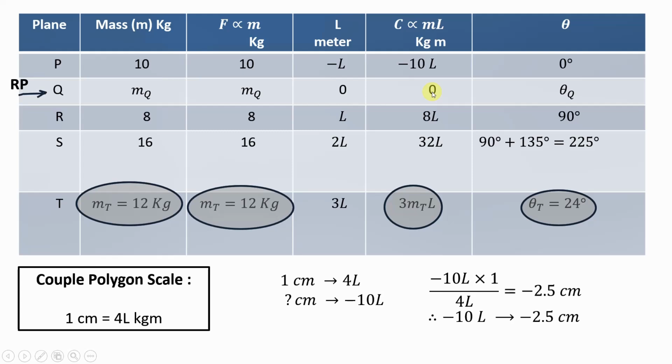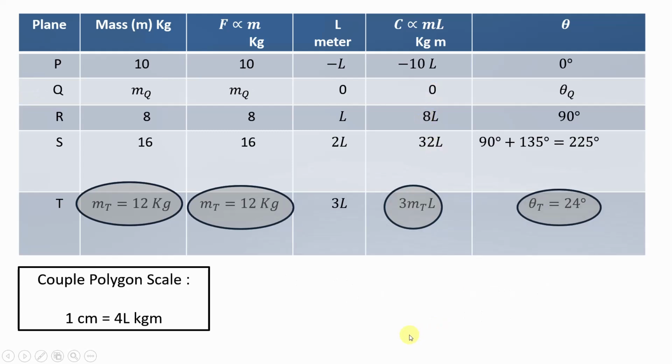The second one is 0, then 8L. So suppose 1 centimeter is 4L kg meter, that is our scale. So 1 centimeter represents 4L that we have taken from this. You can assume any scale, not necessarily 4. It will be easy because 8 divided by 4 is 2, 32 divided by 4 is 8, 10 divided by 4 is 2.5 and so on.